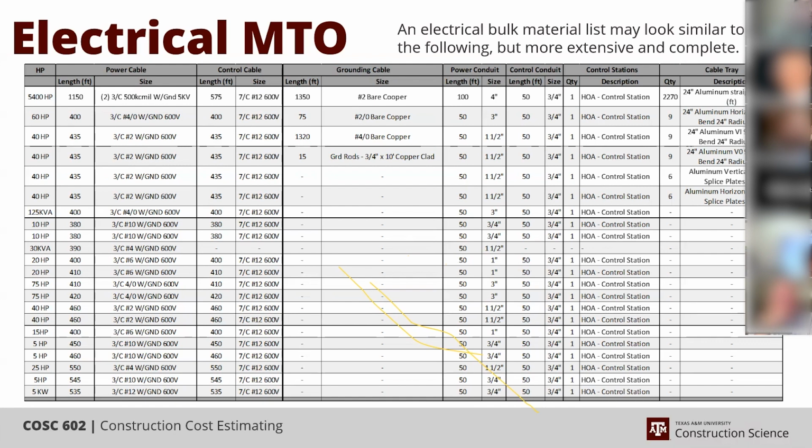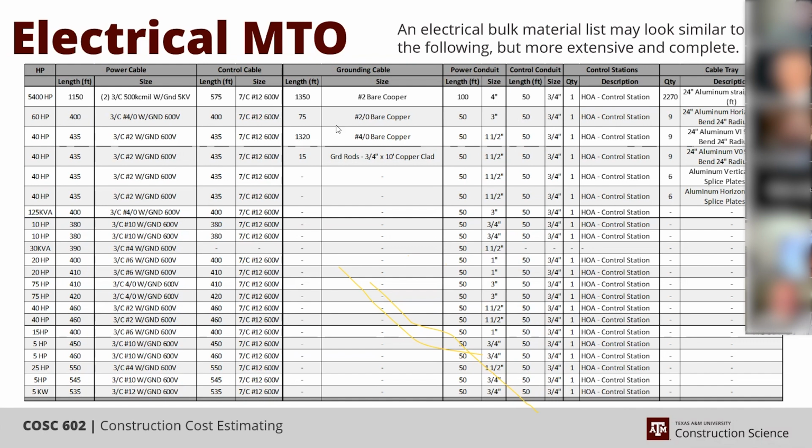So if there's any reason that you need to stop that motor manually while you're there at the motor, versus having to relay back to the control room and have someone shut it off remotely, that's how you would do it, through that HOA control station.